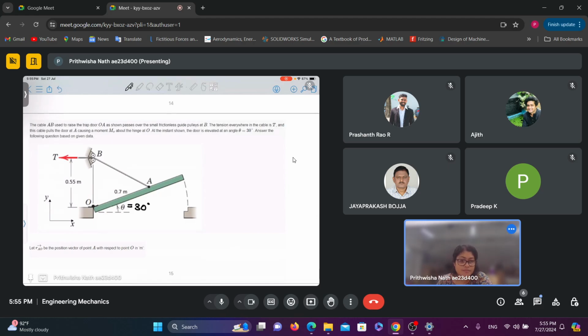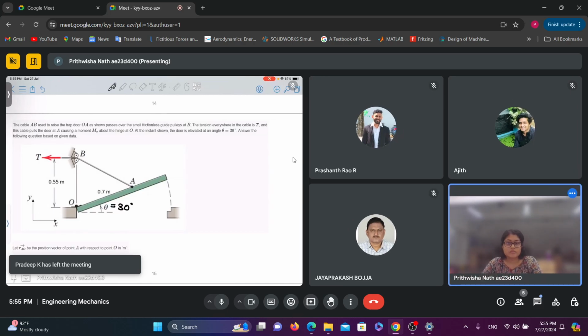So can anyone try solving this problem? It is comparatively easier problem.